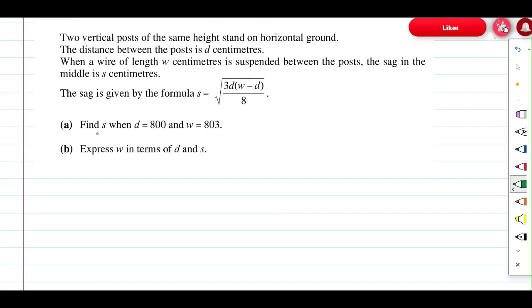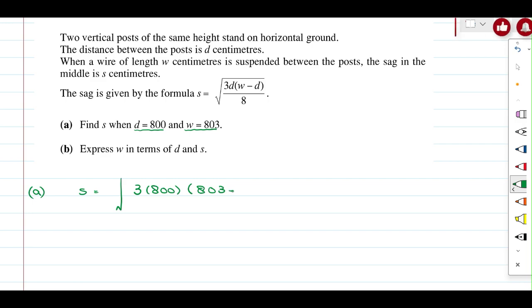Now for part A, find S when D is 800 and W is 803. Let me start with part A. We need to solve for S, which equals the square root of 3 times D, which is 800, into W, which is 803, minus D, which is 800, the square root, and everything divides by 8.